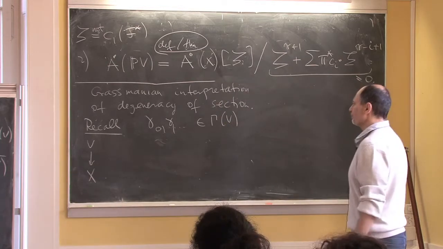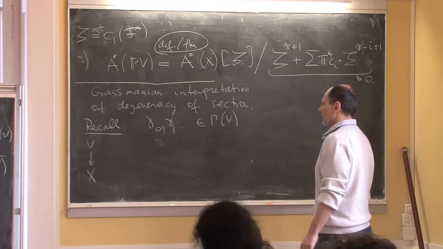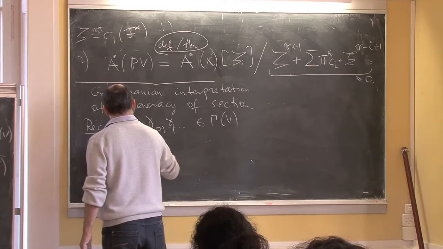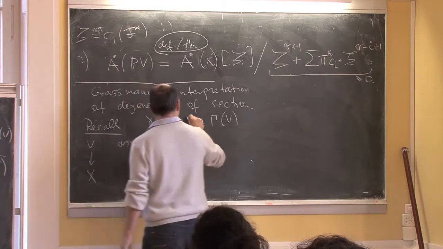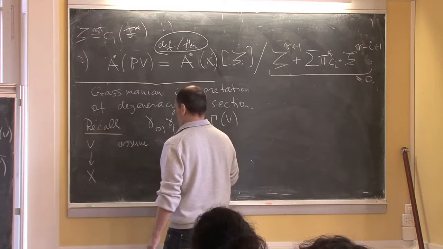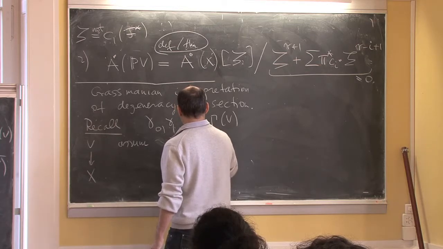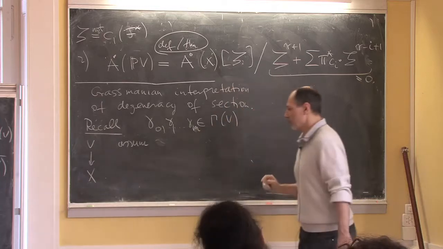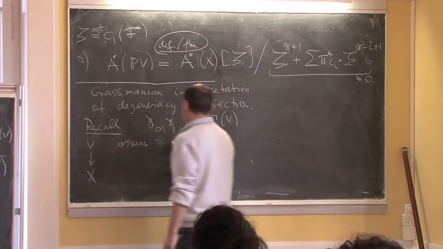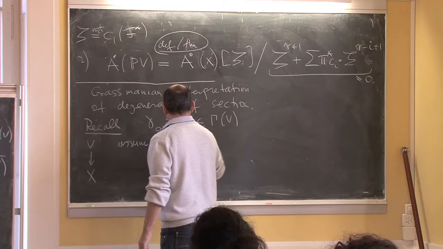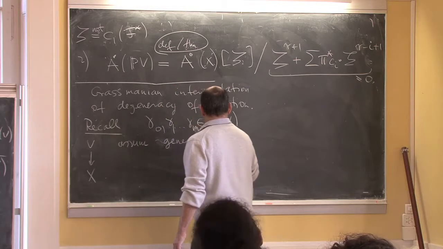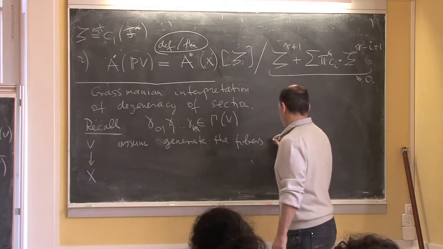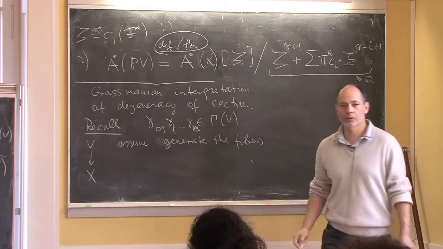Now let's call it m, maybe, okay, so the dimension of X was n, I think. I'll just take m sections, and assume that these generate the fibers of V. So is this clear what I mean?